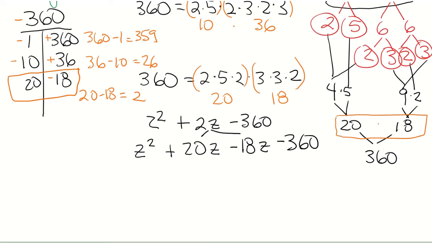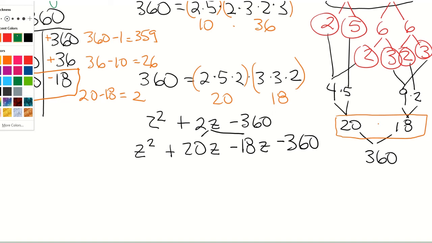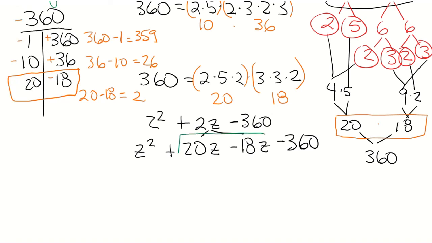So you can see that that's combined. When I add these two factors together, they're going to give me my 2, and that tells me that I've got that correct. So now I've got everything that I need, so I can break this apart in order to create a binomial.